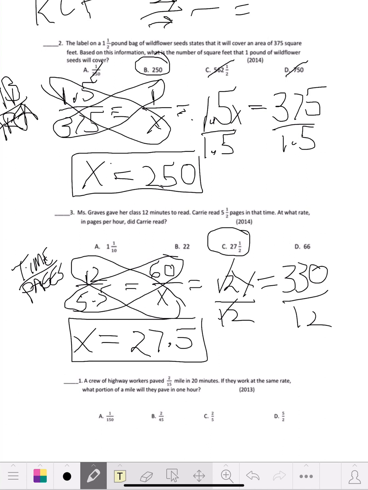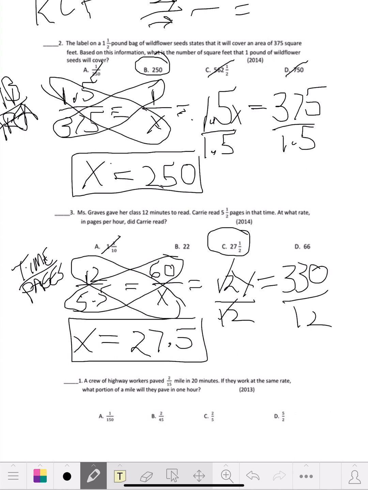That was it. Now, this one here, like the other one, you can deduce that it was the 250. But this one is a little tougher. It took 12 minutes to read 5.5 pages. So how many do they read in an hour? You already know it's going to be greater than A, because that's only 1 page. And I don't think they're going to hit D, 66.